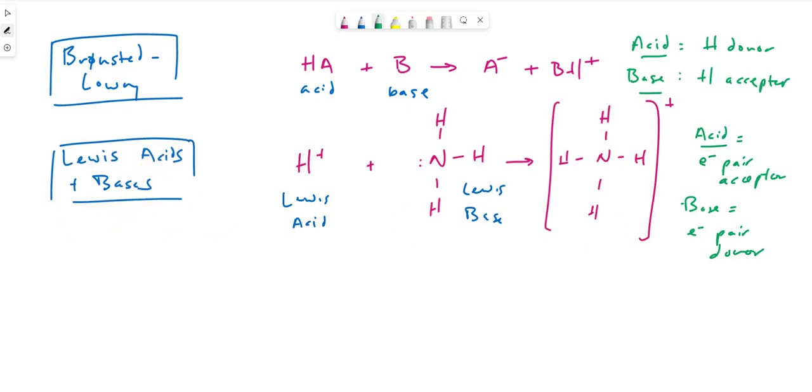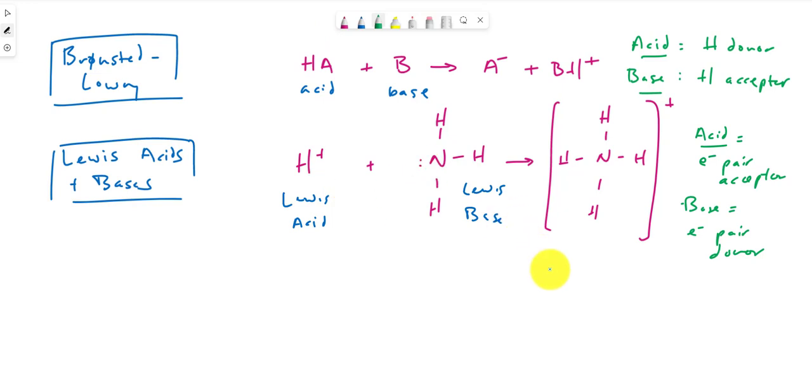Lewis acids and bases don't use protons to categorize acids and bases. They use electrons, which results in the same categorization you would get for Bronsted-Lowry, but it opens up the options to things that don't necessarily include a proton.